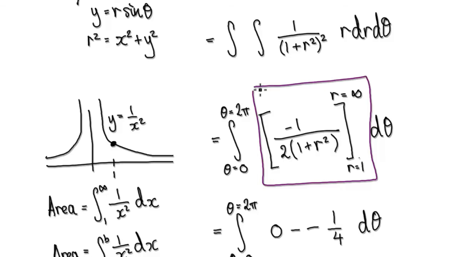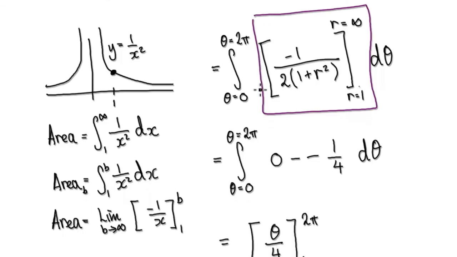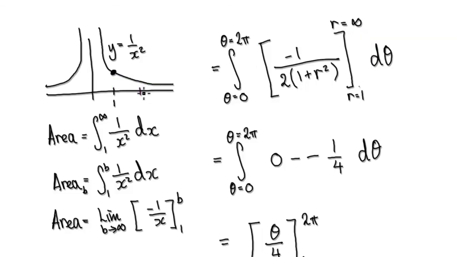Now remember back in calculus 2 when we were doing improper integrals, if you're trying to find the area all the way to infinity like we are here, to be technically correct, you have to integrate it up to b, and then take the limit as b tends to infinity.